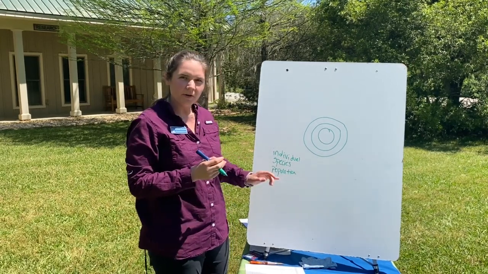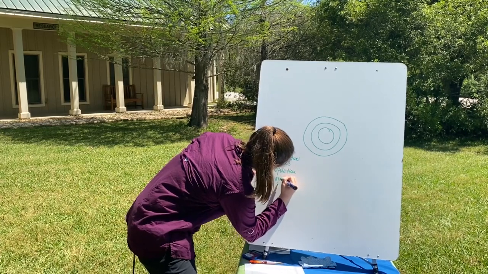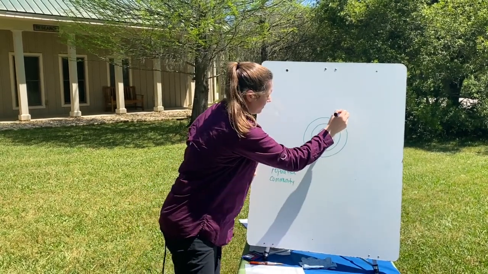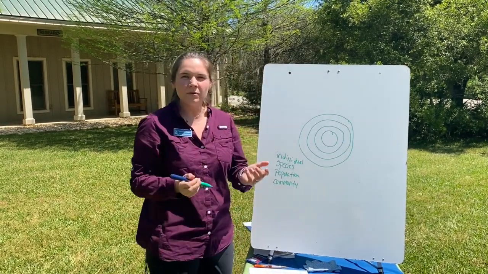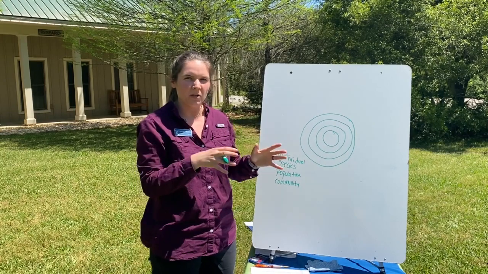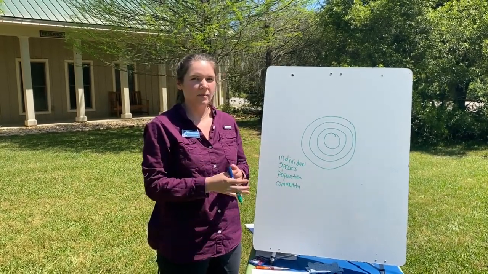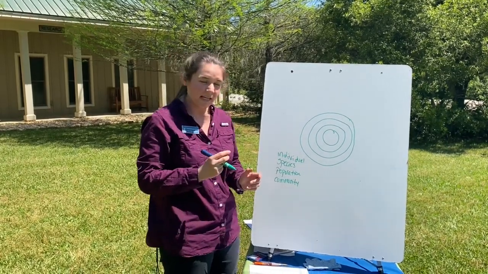And then from there, we're going to go up to community. And a community is going to include different populations that all live in the same area. So that's what makes up a community. And then our final step is going to be an ecosystem.